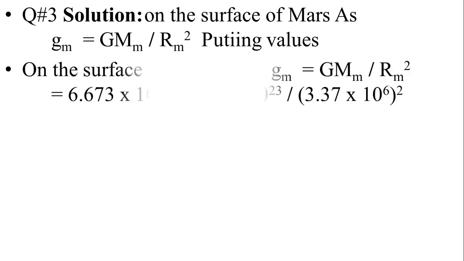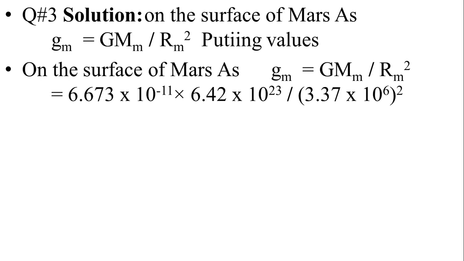So gm is equal to 6.673 multiplied by 10 to the power minus 11, the value of G, multiplied by the mass of Mars, 6.42 multiplied by 10 to the power 23, divided by the radius of Mars, 3.37 multiplied by 10 to the power 6, whole square.